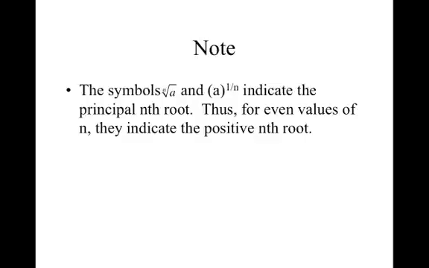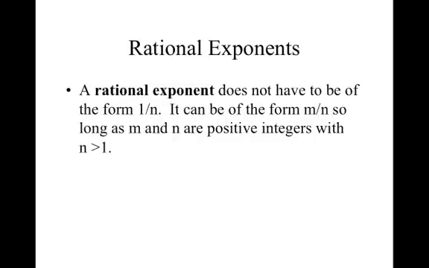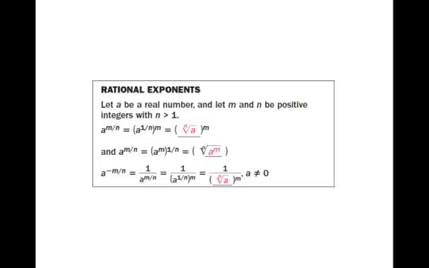A rational exponent does not have to be of the form 1 over n. It can be of the form m over n, so as long as m and n are positive integers with n greater than 1. So, let a be a real number and m and n be positive integers with n greater than 1.